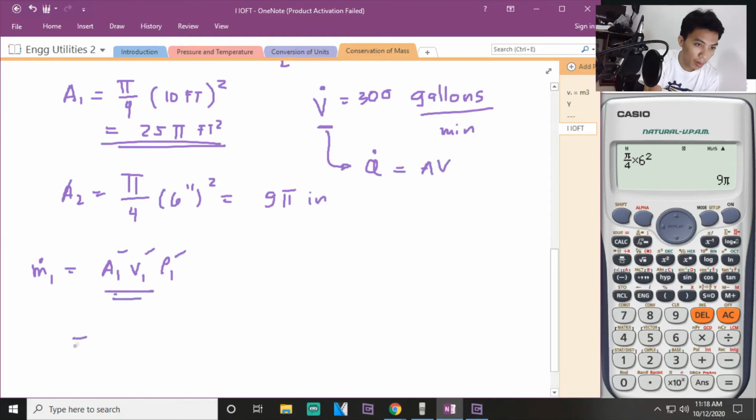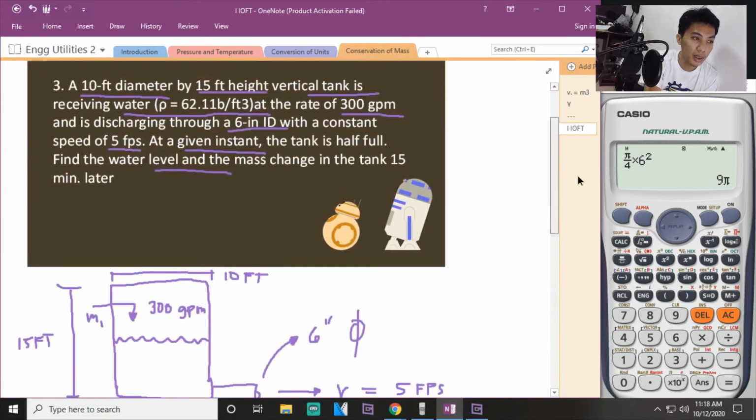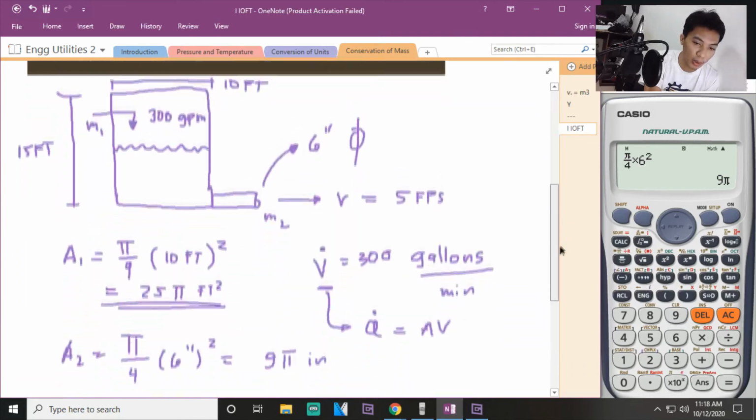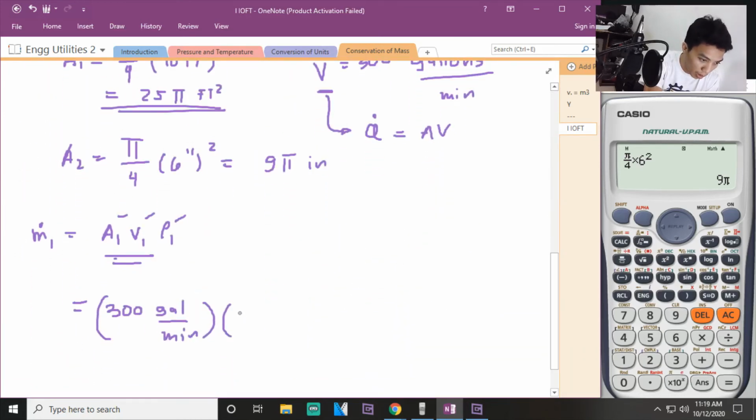Okay? So, this is 300 gallons per minute multiplied by the density. Ano ba density mo dyan? The density is 62.1 pounds per cubic foot. Hop! May napansin ba kayo? Sir, hindi natin makakancel si gallon. Yes.